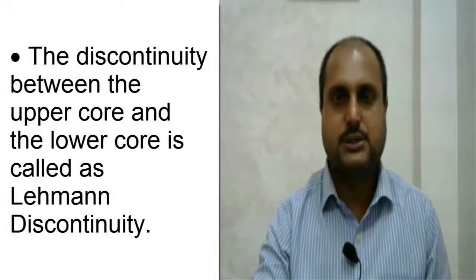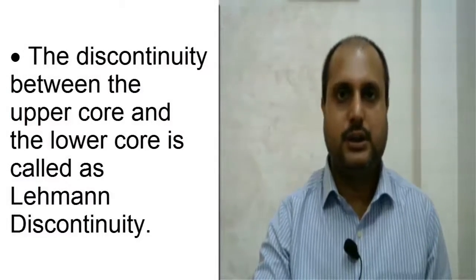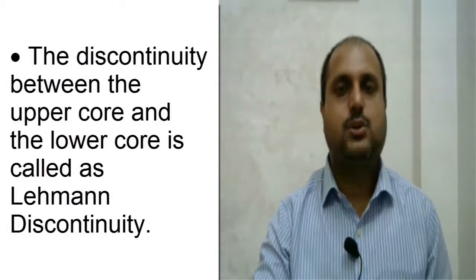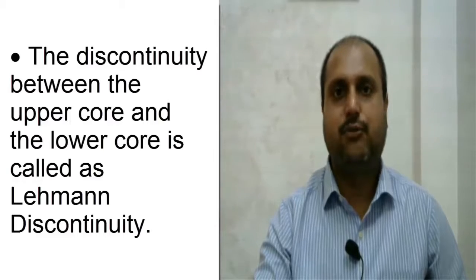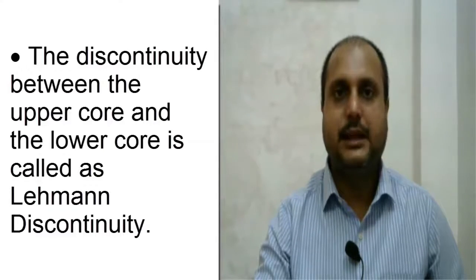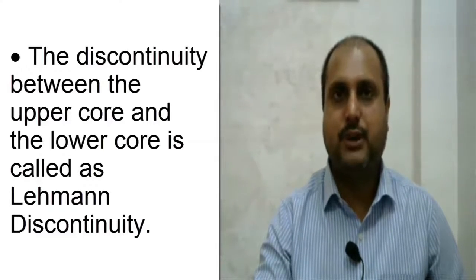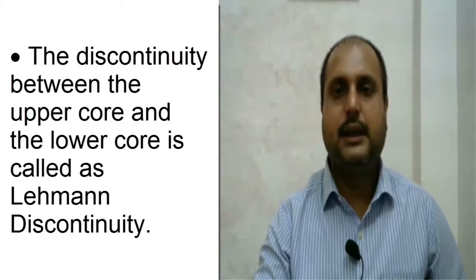So the discontinuity which differentiates between the inner core and the outer core is called the Lehmann discontinuity. You can ask me on what basis I have differentiated the inner core from the outer core. As I have said, the outer core is in liquid form and has a 50-50 representation of nickel and iron.